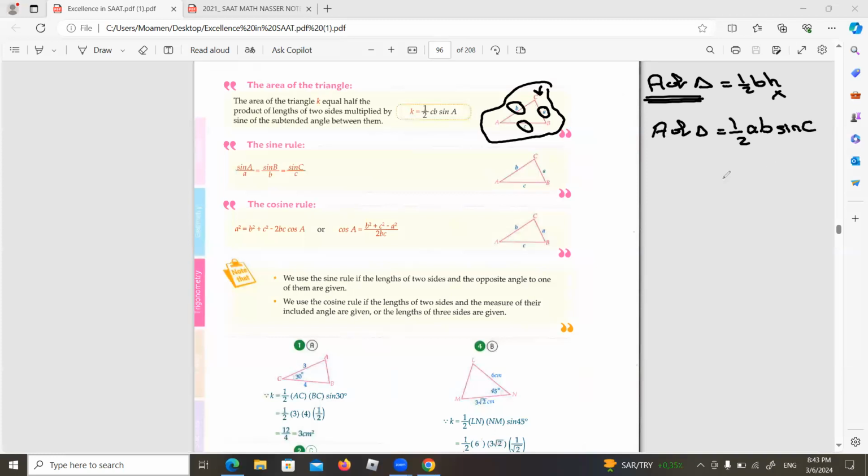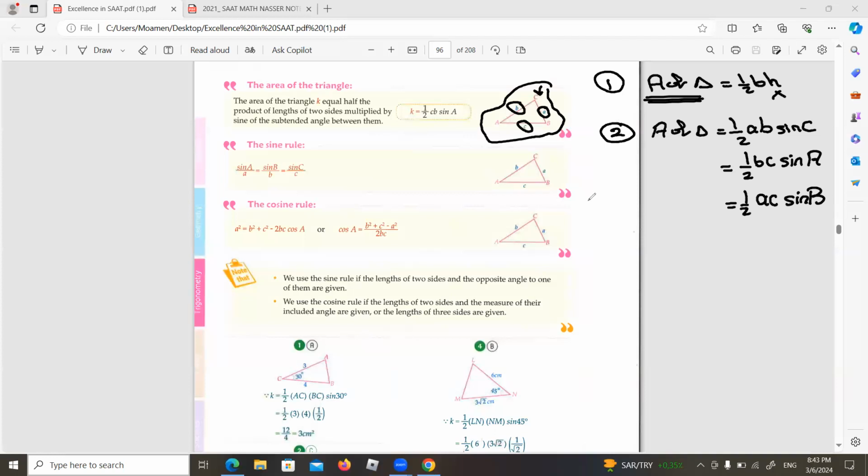So it's half the product of any two sides times sine the included angle, which means angle C. Or it can be half the product of any two sides, for example B and C, times sine the included angle, which will be angle A. Or half the product of any two sides, here A and C, and it will be sine angle B. So we now have two rules for the area of the triangle: half times base times height, or half the product of any two sides times sine the included angle.